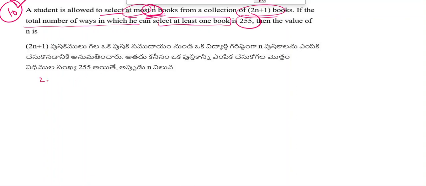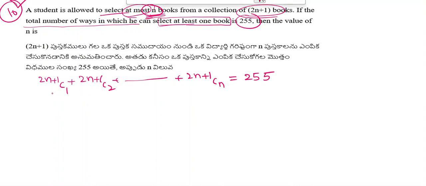That means 2n+1 C1 plus 2n+1 C2, and so on, up to selecting n books, 2n+1 Cn. This value is given as 255.